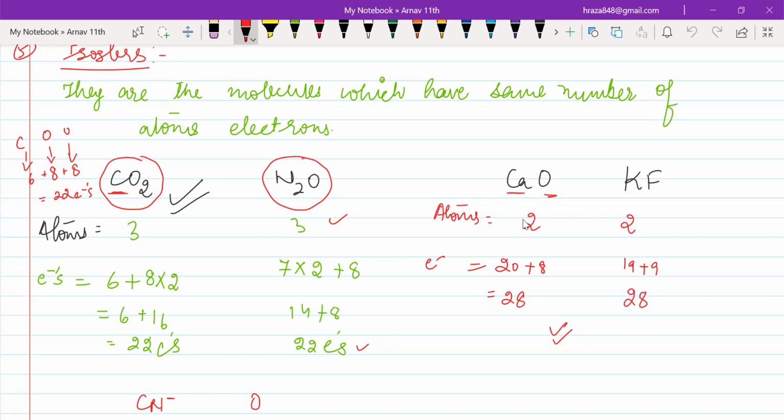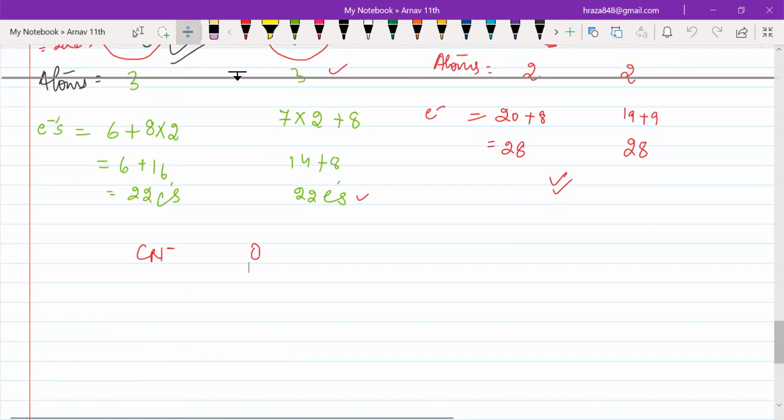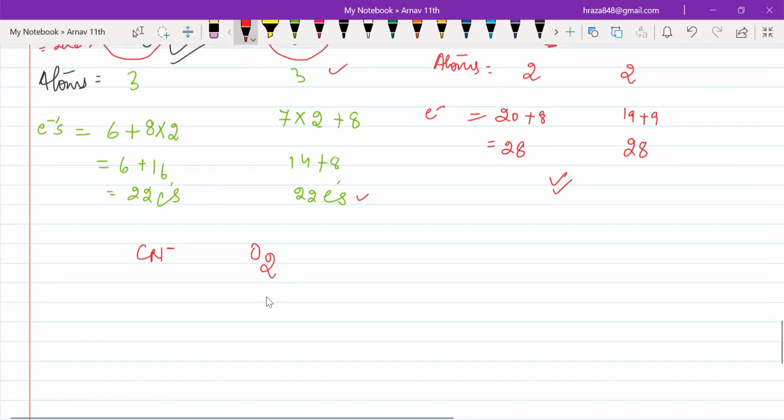Done. Very good. Now tell me whether CN minus and O2 are isosters or not.